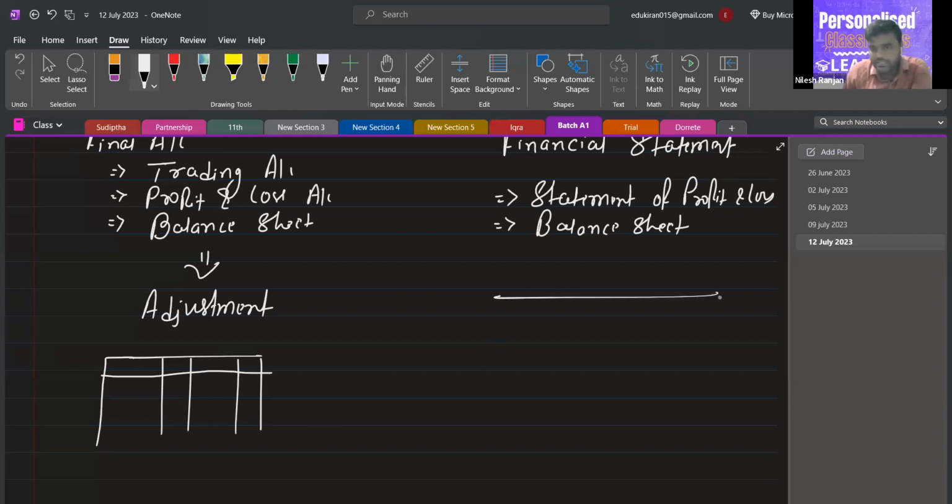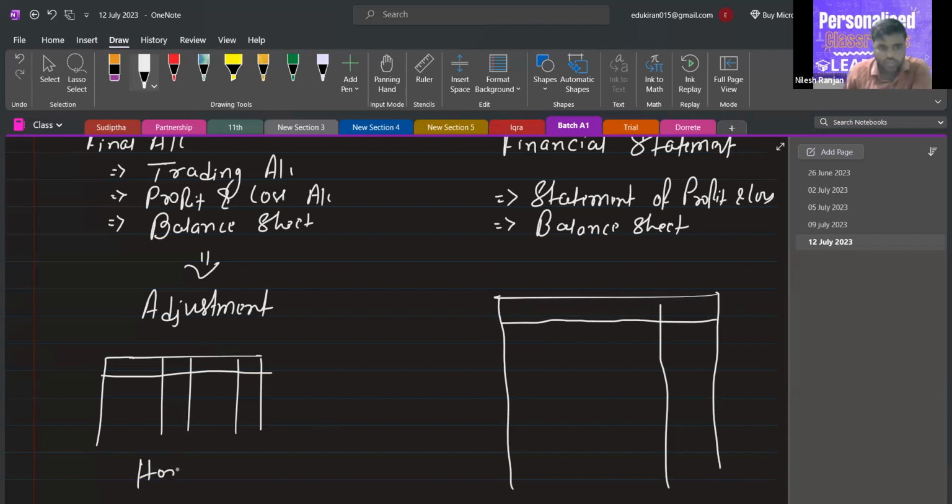But in this, we have to prepare like this. This is called horizontal. And this is called vertical. Okay, fine.